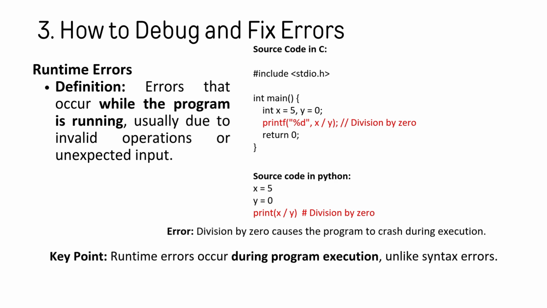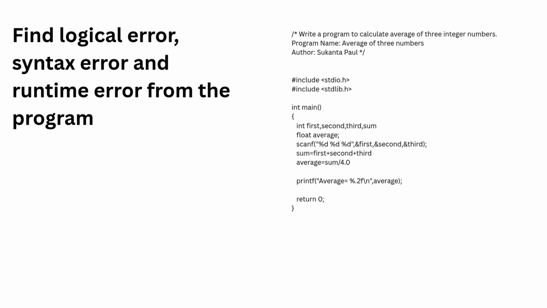If there are some cases which can cause a runtime error, at that time we should put some conditions there to avoid the error. Now consider this program and try to find out the logical error, syntax error, and runtime error from this program.